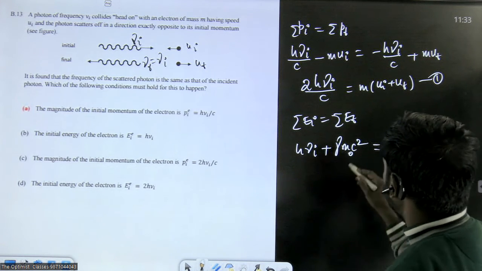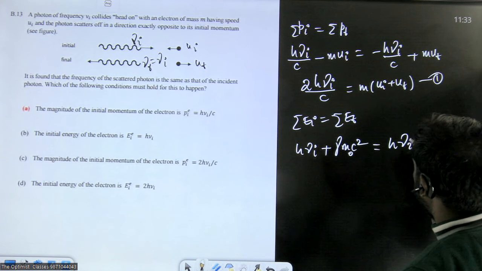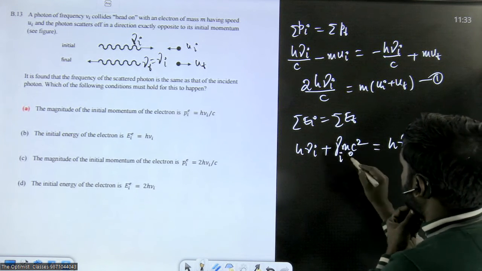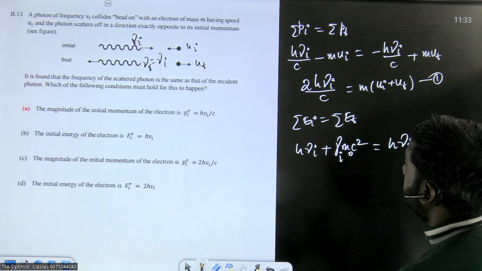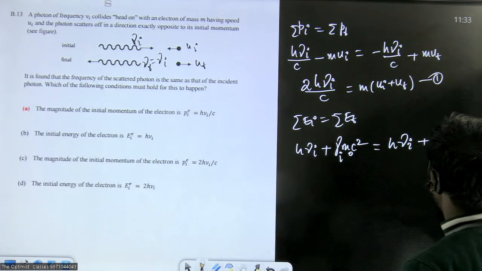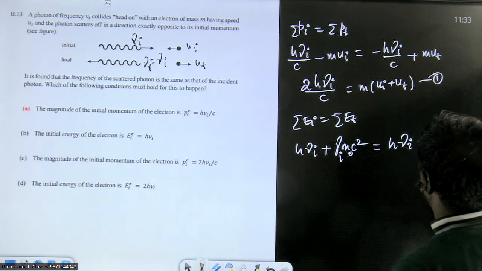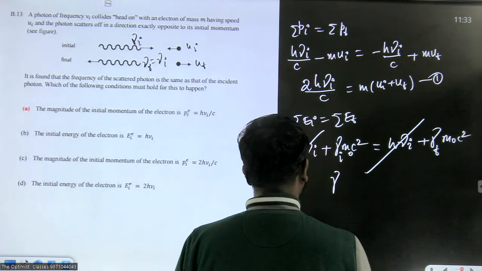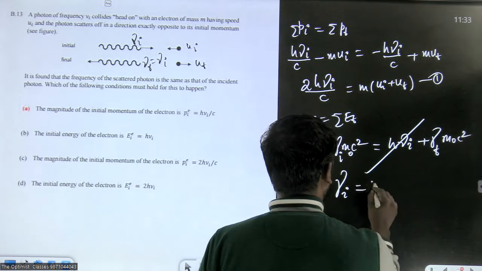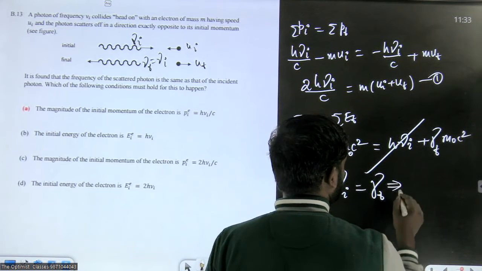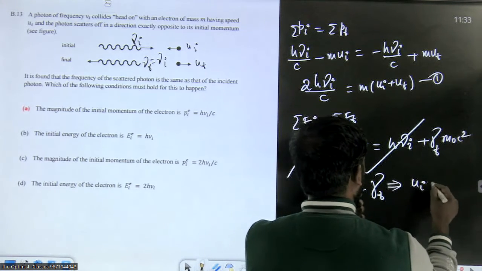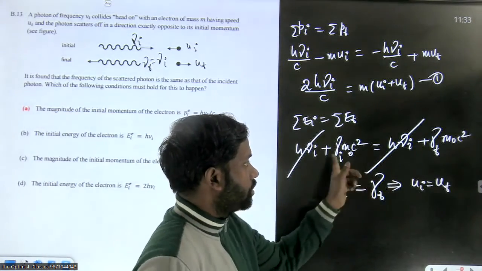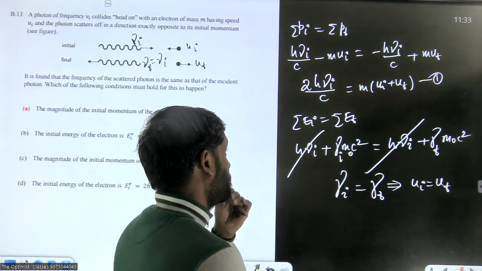Now the final energy will again be h nu I because the frequency remains the same, plus gamma f m naught c square, since the speed is different. The m naught c square will cancel out, so we conclude that gamma initial is equal to gamma final, and gamma can be the same only if u initial is equal to u final. So the speed is also the same.